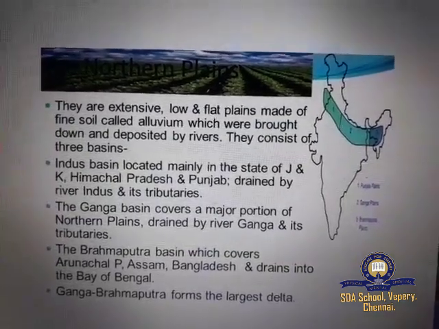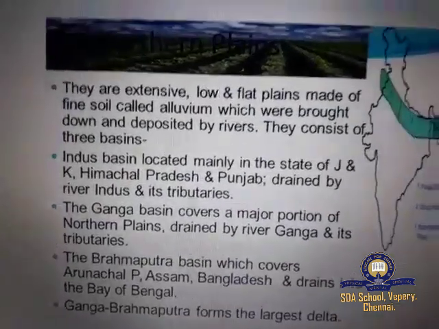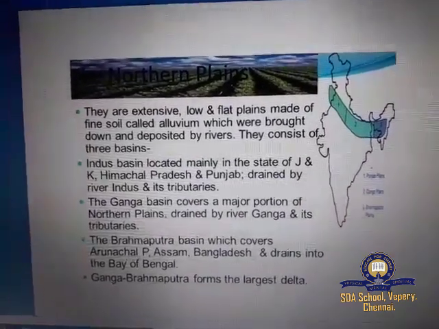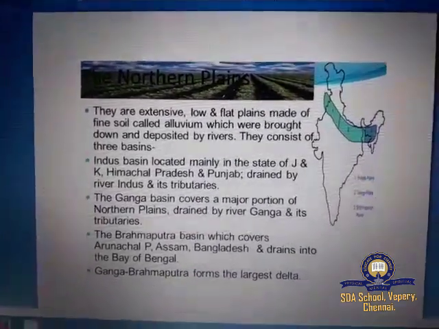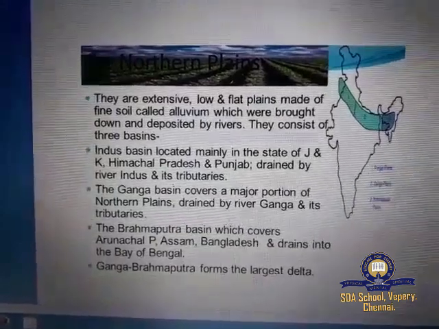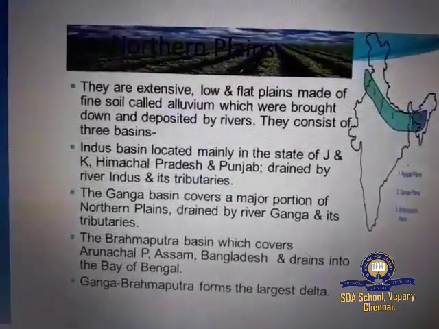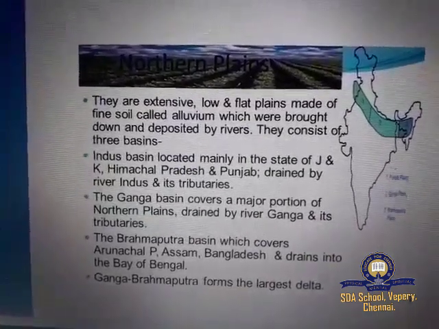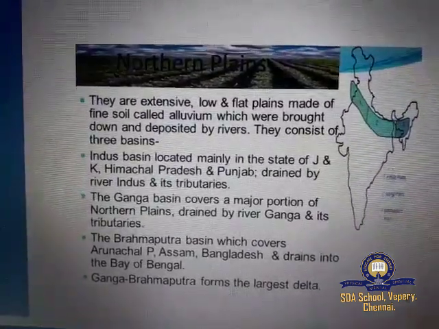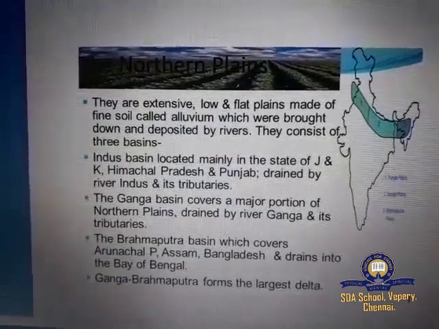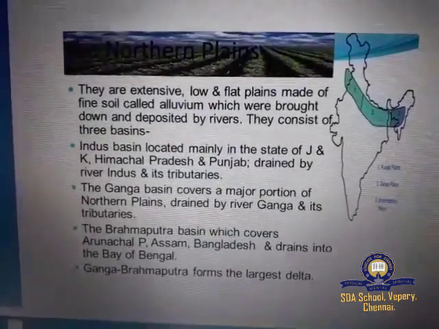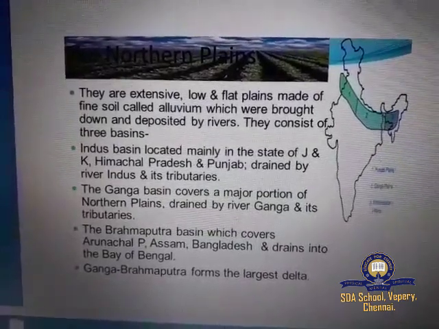The Great Northern Plains. The fertile land extending across 7 North Indian states forms the Great Northern Plains. This plain is one of the most extensive stretches of alluvium in the world and is deposited by the rivers Indus, Ganga, Brahmaputra and their tributaries.